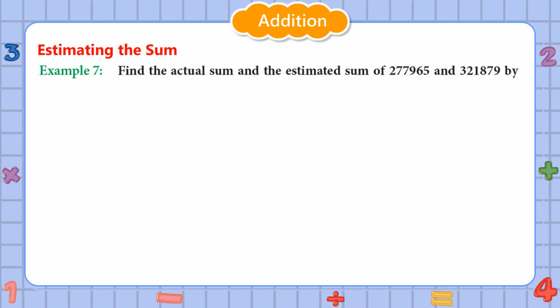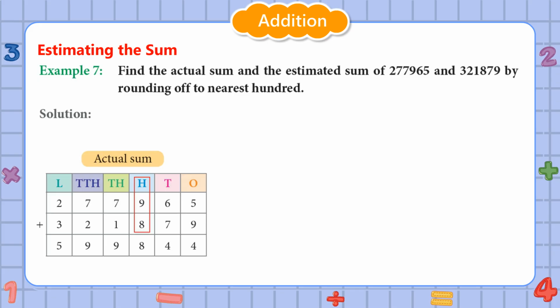Example 7. Find the actual sum and the estimated sum of 2,77,965 and 3,21,879 by rounding off to nearest 100. Solution. Actual sum: 2,77,965 plus 3,21,879 is 5,99,844.